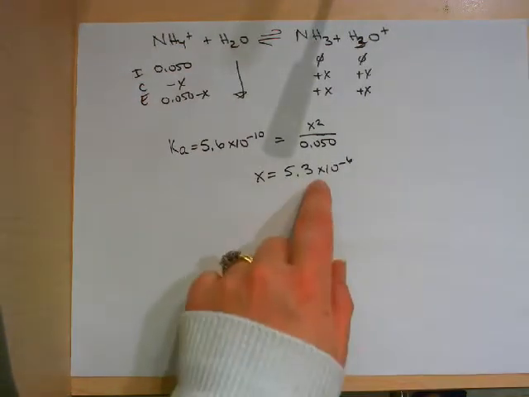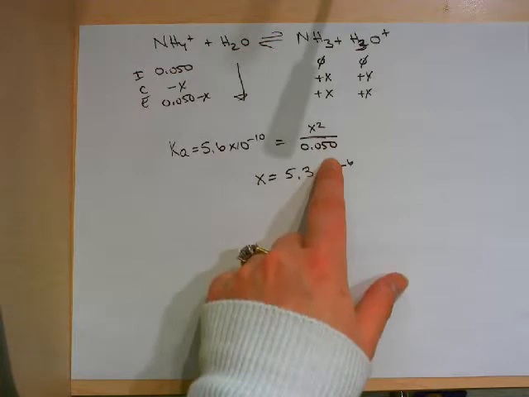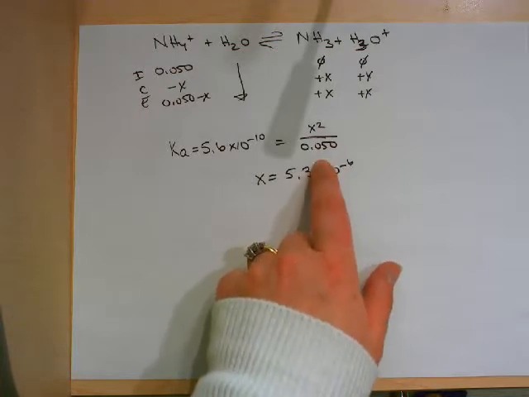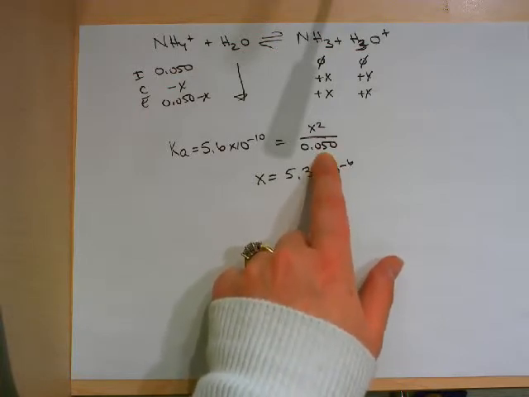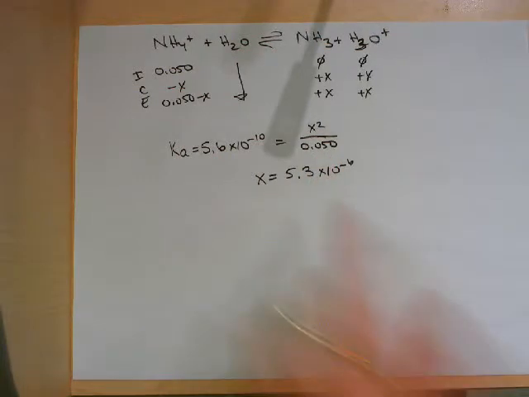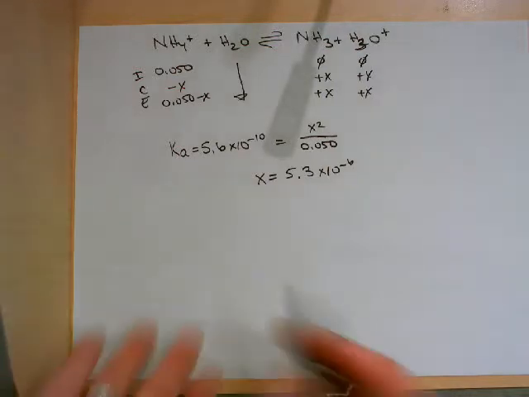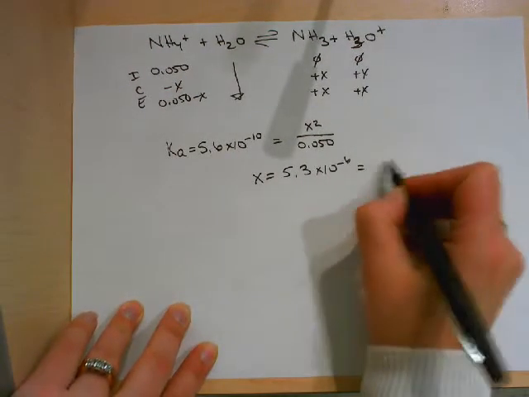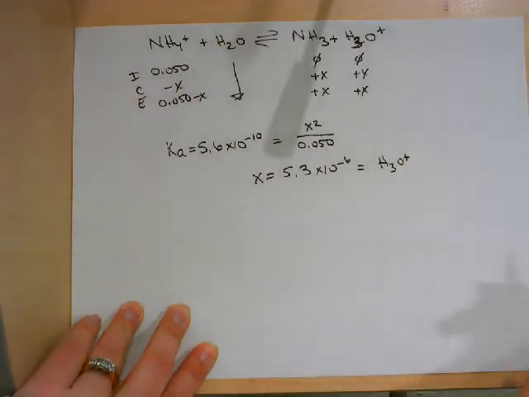Unless the value you get for x is within a factor of 10 of this number, it's not worth testing, because it is 0.05 compared to 0.000005. So look, I helped you out.